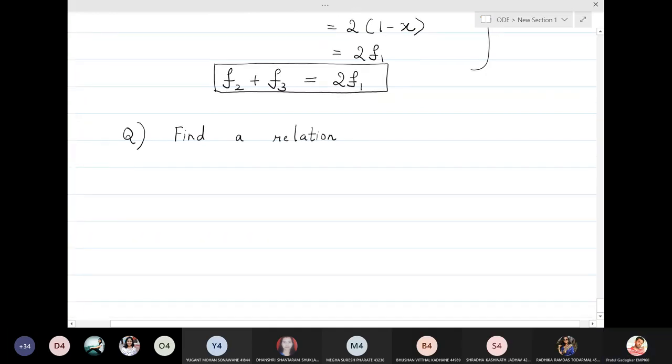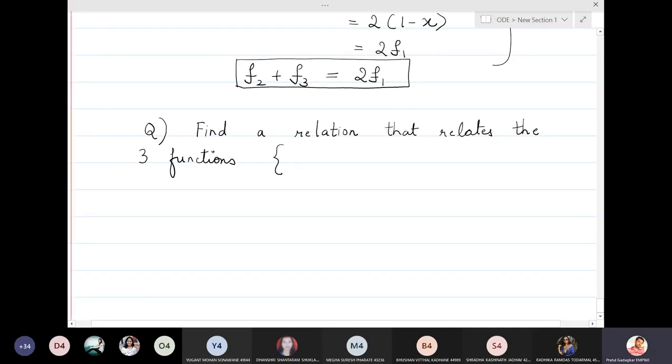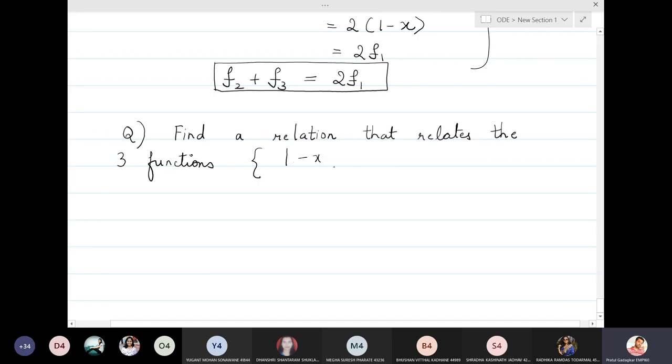Find a relation that relates the three functions 1 minus x, 1 plus x, 1 minus 3x, given that they are linearly dependent.